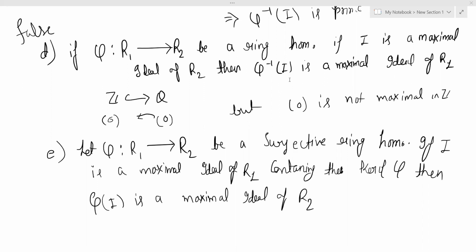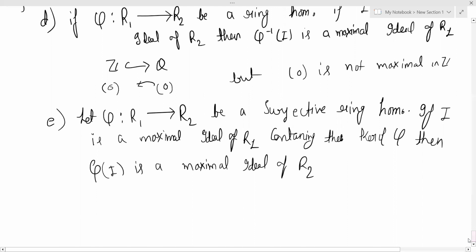Nagmani, Viva, both can respond. Tell me, is this true or false? True, sir. Give me proof. Above one example, sir. This is false, sir, not surjective. Why? Give me a counter example.